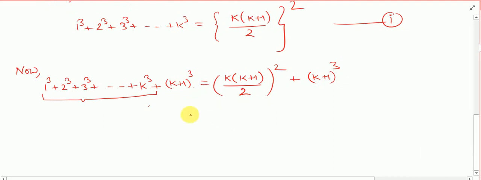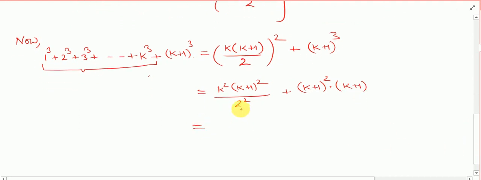Done. Then this square is for k and for k plus 1 as well as for 2. So I can write k square (k plus 1) whole square upon 2 square. And this (k plus 1) cube can be written as (k plus 1) whole square and (k plus 1).